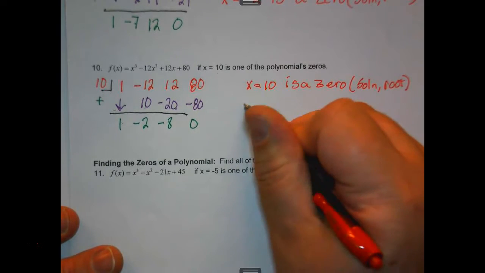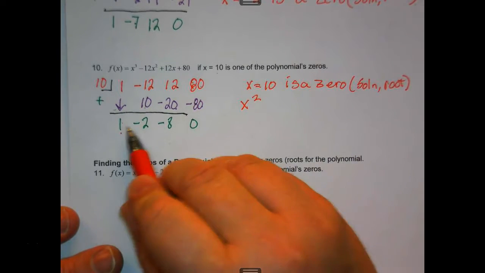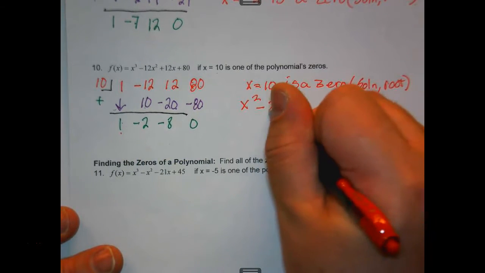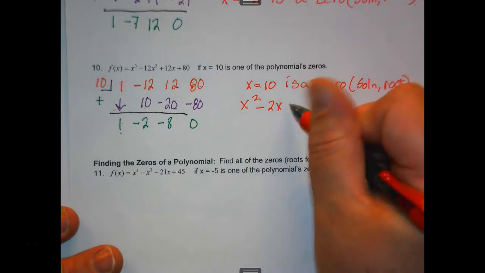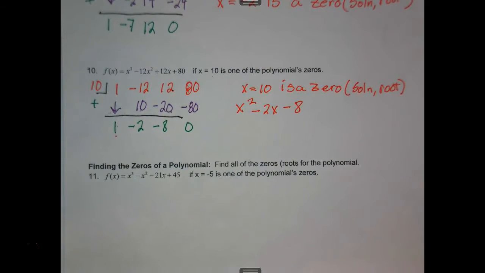And my solution is x squared minus 2x minus 8. Yes, sir. Because, remember, I'm dividing out an x. That brings me down from an x cubed to an x squared.